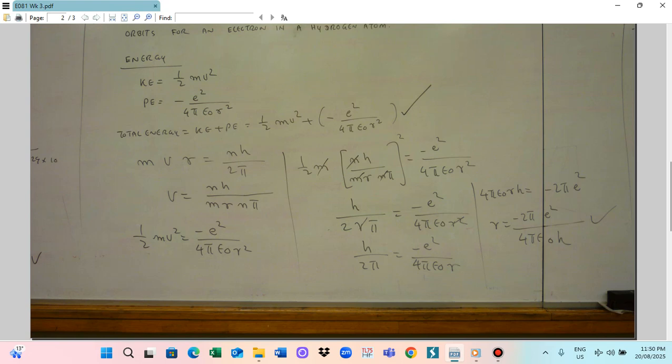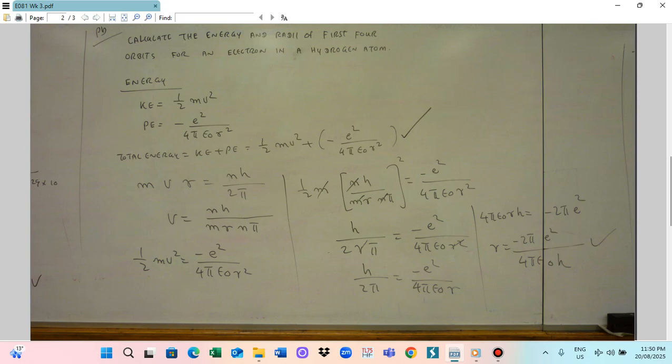Then you can get r: 4πε0 r into h is equal to minus 2π e squared. So r can be calculated as minus 2π e squared divided by 4πε0 h. This is the radius we can calculate, and the electron's radius and the kinetic energy can be calculated this way.